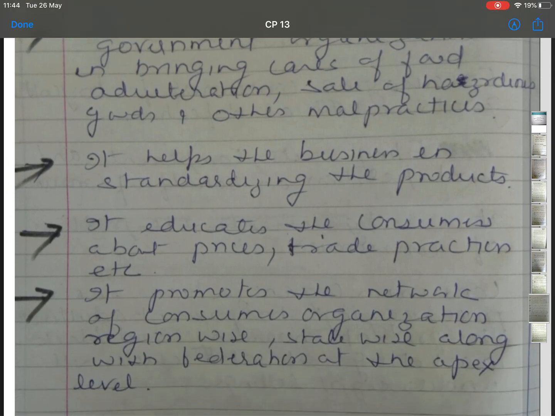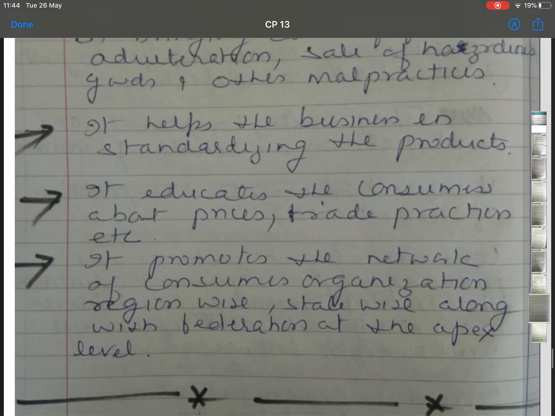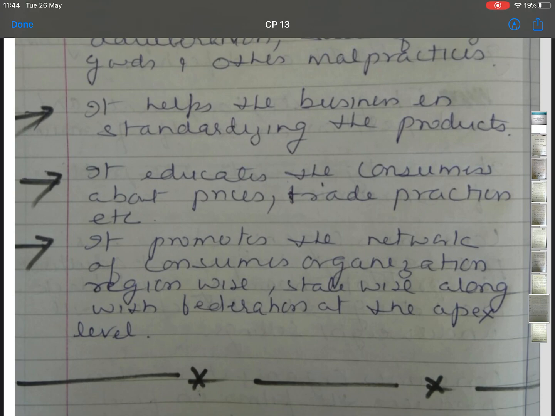It educates the consumers about trade practices, etc. So it promotes the network of consumer organizations region-wise, state-wise, along with federation at the apex level. Then it sets up voluntary complaint counters for consumers for guidance and counseling. It motivates people to adopt socially desirable consumption standards.